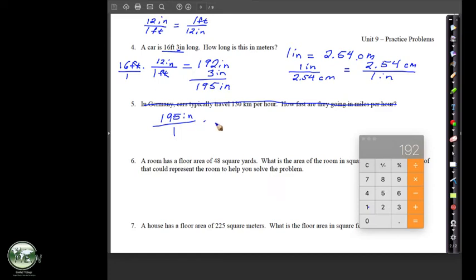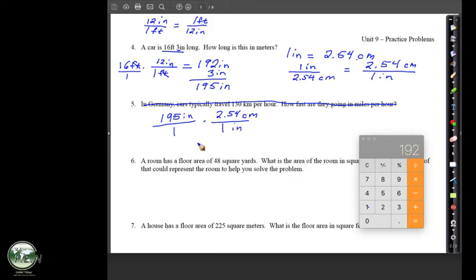Inches, good. So the inches have to be in the bottom because they have to be across from each other to cancel out. So which one of these? So we must need to use this one. 2.54 centimeters over 1 inch.